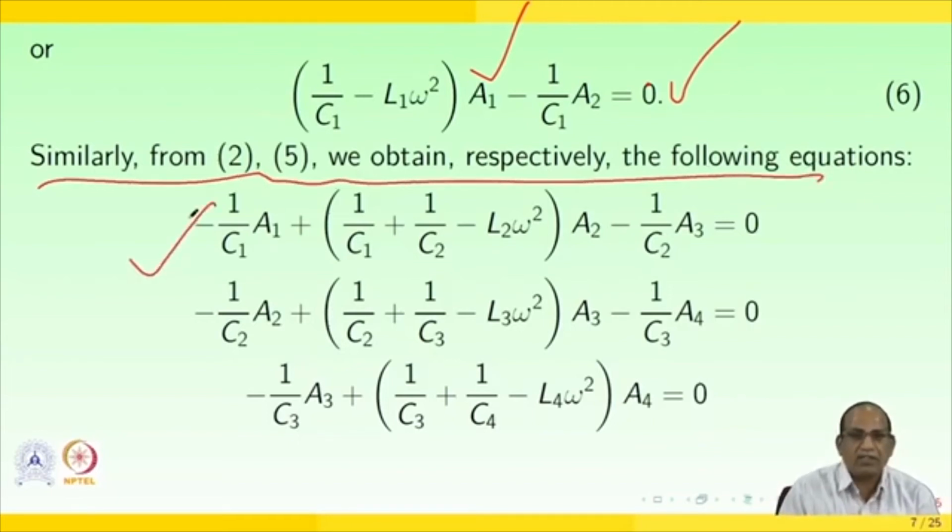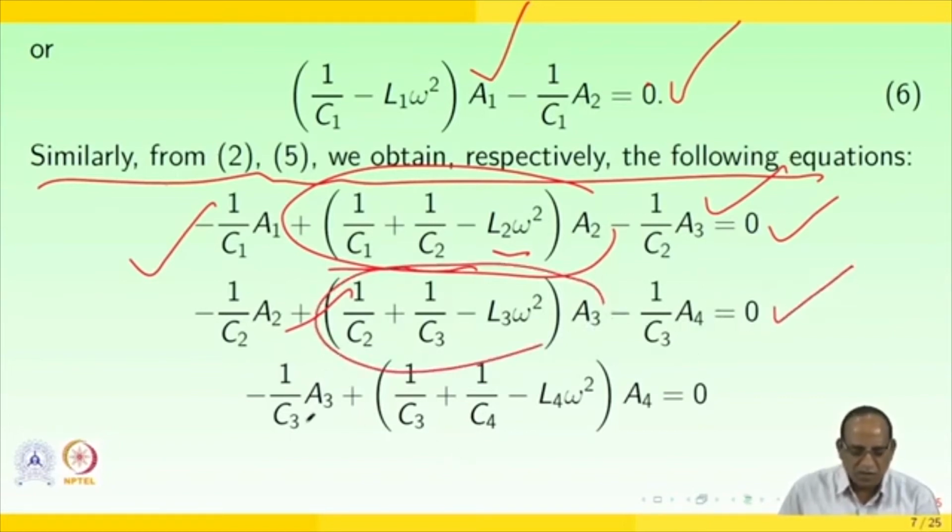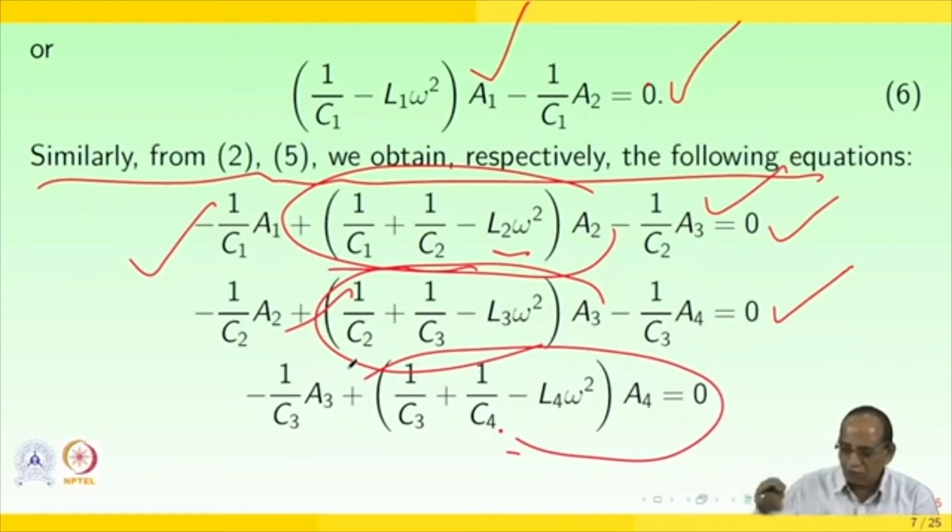In this case, minus 1 over C1 times A1 plus (1 over C1 plus 1 over C2 minus L2 omega square) multiplied with A2 minus 1 over C2 times A3 is equal to 0, minus 1 over C2 A2 plus (1 over C2 plus 1 over C3 minus L3 omega square) times A3 minus 1 over C3 A4 is equal to 0, and the last one is minus 1 over C3 A3 plus (1 over C3 plus 1 over C4 minus L4 omega square) times A4 is equal to 0.